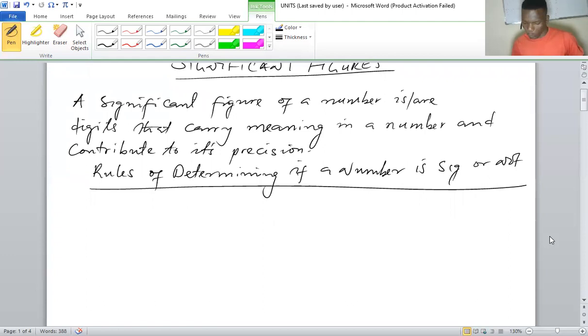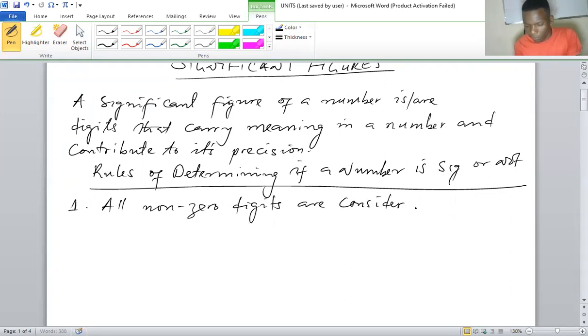Rule number one is that all non-zero digits are considered to be significant. All non-zeros are considered to be significant.